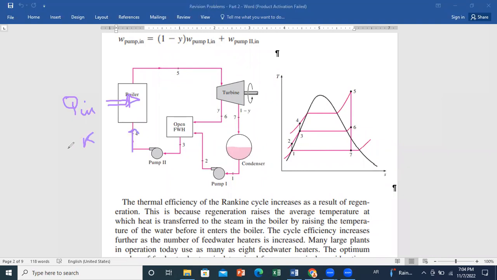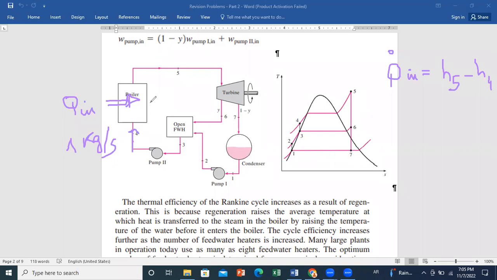If we are reasoning in kilogram per second, you have 1 kilogram per second going through the boiler, and we can calculate Q dot in as 1 times m dot times delta H. So it's 1 times H5 minus H4. Since we have one boiler only, this is the only location where we have input of heat.